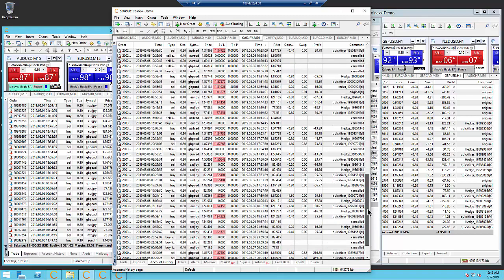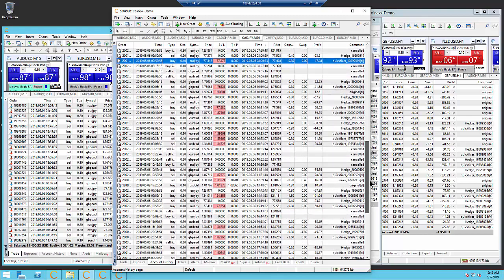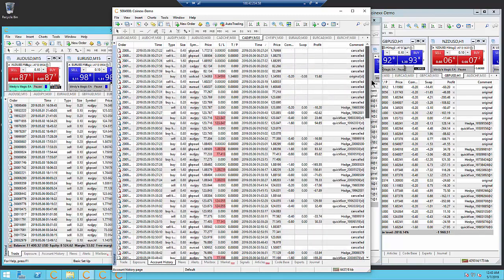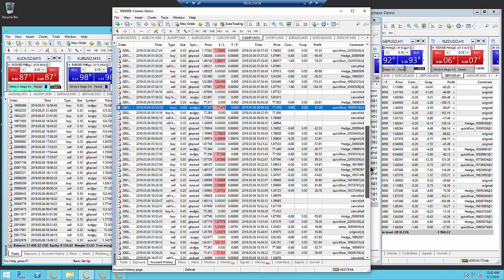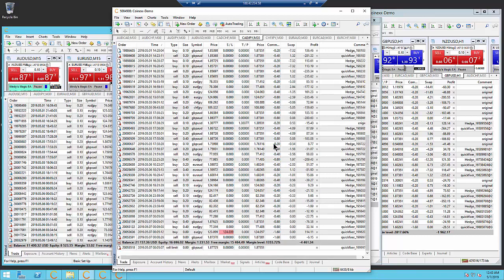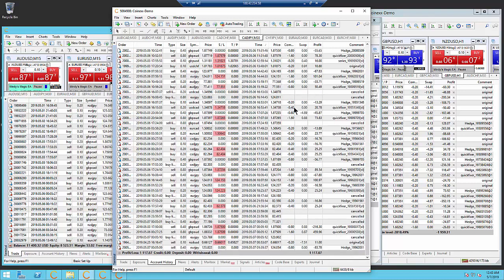You can see that almost all of the trades that went in and out today were hedges and quick fixers that went in and out over and over and over again. And that's how we make a lot of money with this EA. Now, on a good day, a lot of people would say a good day is when all of the trades that open that day close that day, right? And that would be nice, wouldn't it?